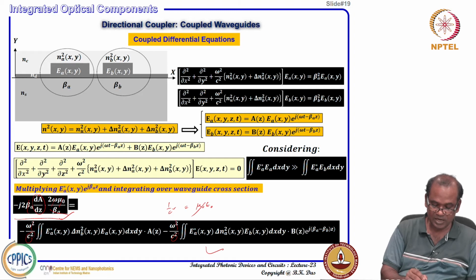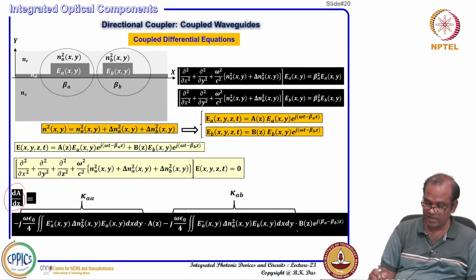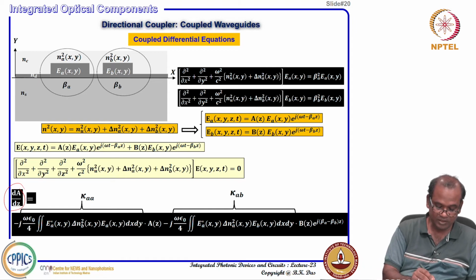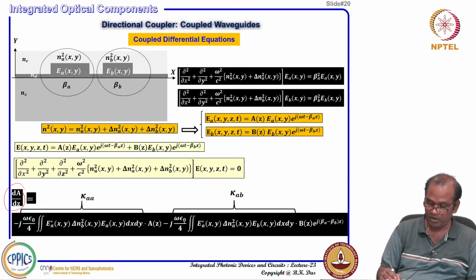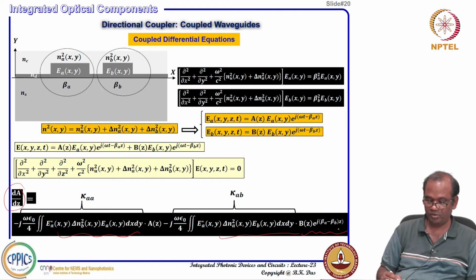So the right hand side will be omega, and 2 times 4, beta obviously cancels, minus j will come in the denominator plus j. So we can get this thing: left hand side only dA by dz is left, and right hand side I simplify, then you are getting minus j omega epsilon 0 by 4 this one and omega epsilon 0 by 4 this one, and along with that you have this term also.